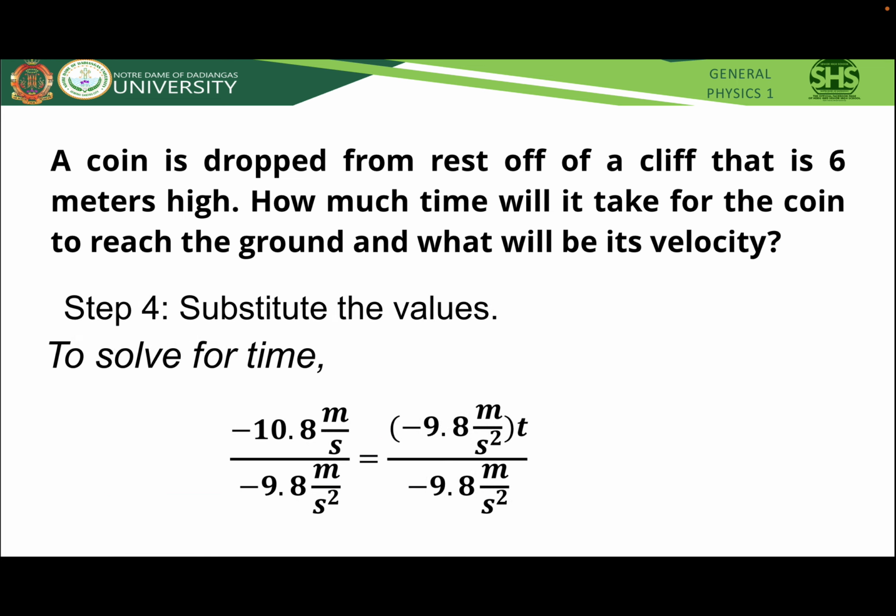And then, next is for us to, again, divide both sides by the one that is beside the variable that we need to find. And that is itong negative 9.8. So, divide lang natin to sa negative 9.8. I-divide lang din natin to sa negative 9.8. And that leaves us with our t or time value.